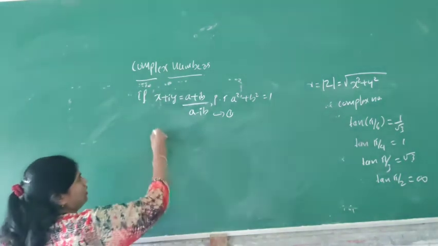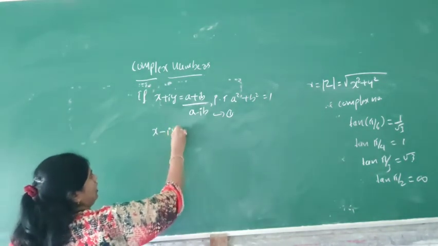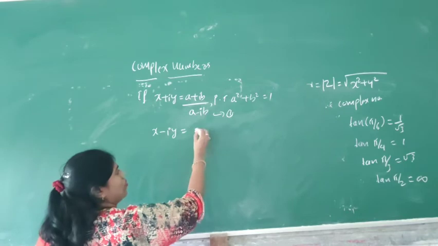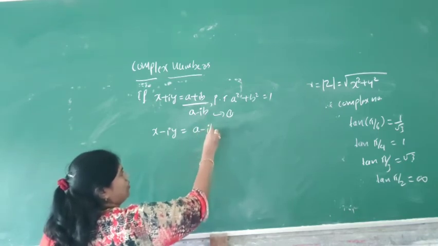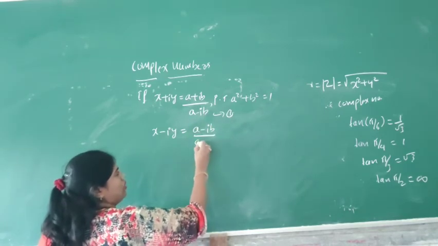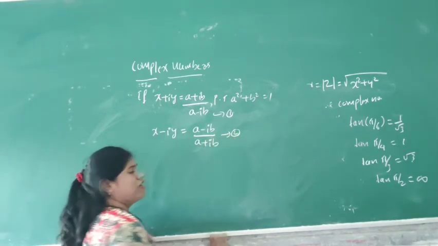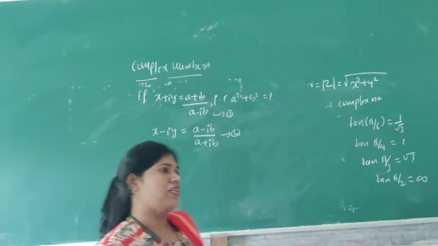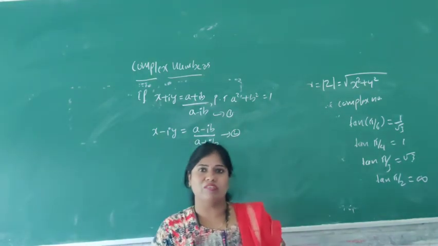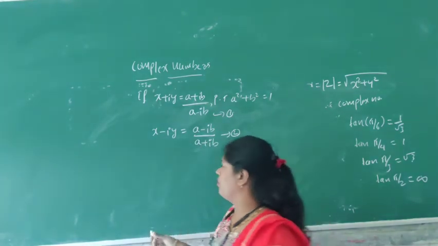So x plus iy becomes x minus iy. a plus ib becomes a minus ib. a minus ib becomes a plus ib. Call this equation 2. You have to multiply the equation 1 and 2. So how will it be?